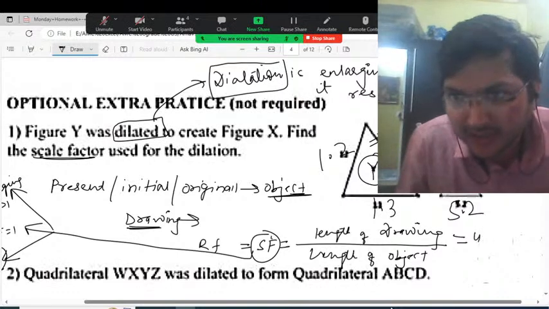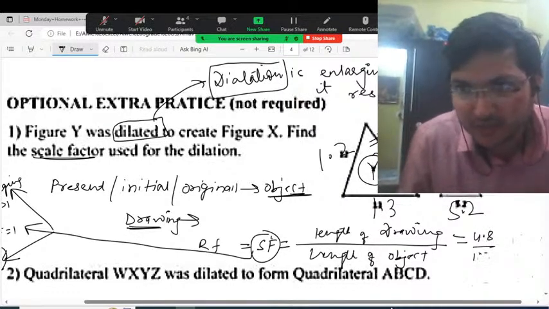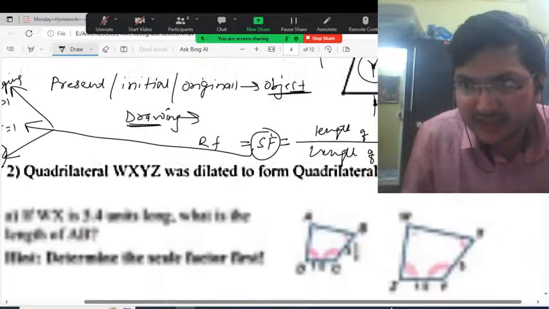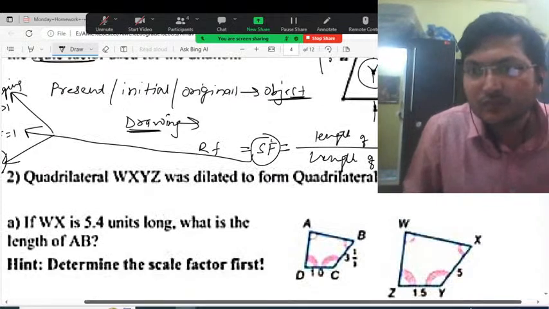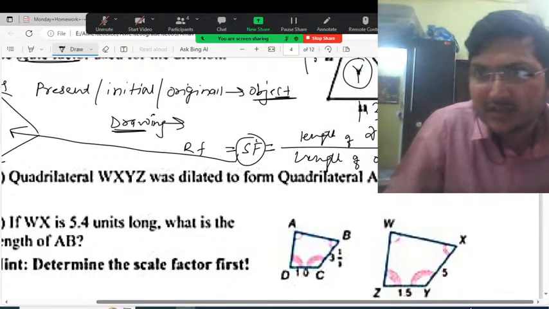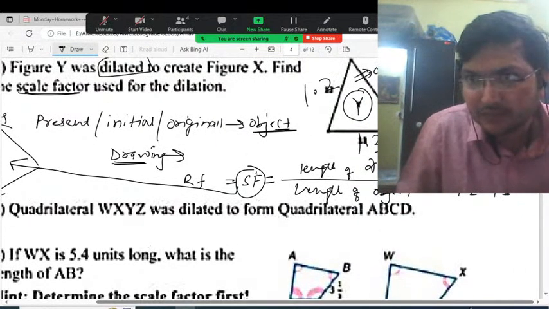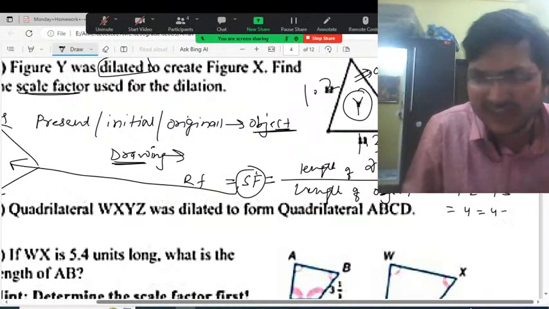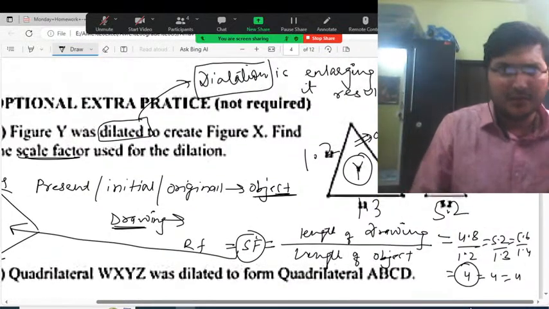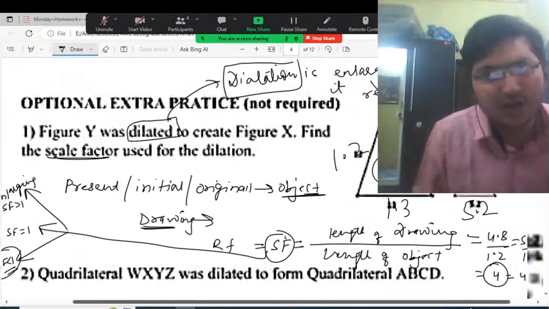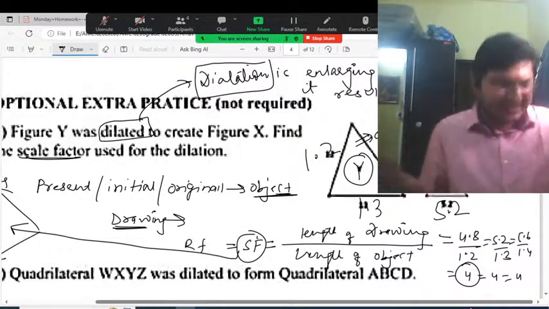Length of drawing is actually 4.8 over 1.2 or 5.2 over 1.3 or 5.6 over 1.4. It's coming out to be 4 in each case, obviously. 4 is your scale factor here. But if Y is drawing and X is object, obviously it is 1 by 4.